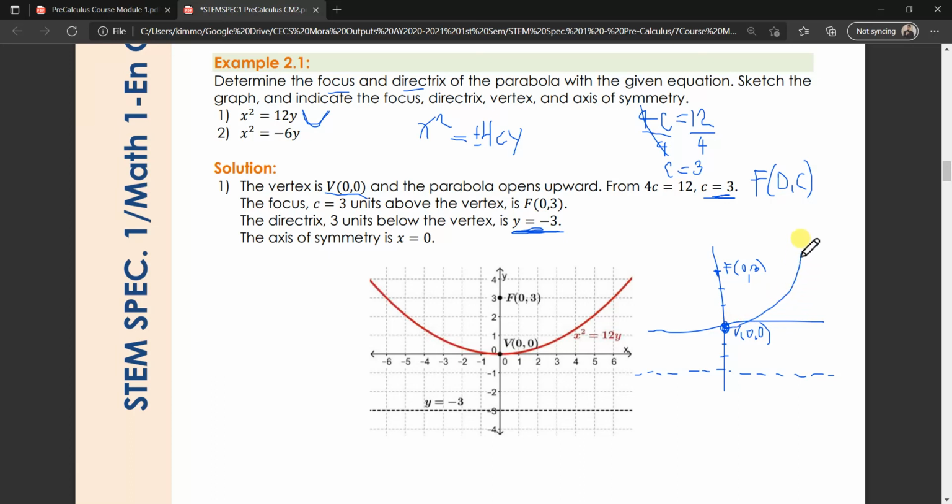So when plotting our parabola, it goes upward. So it wraps around the focus. Focus meaning it is focused here, it opens here. So that will be our graph, a nicer presentation of the graph. So vertex again at (0, 0), focus at (0, 3), directrix is y is equal to negative 3.